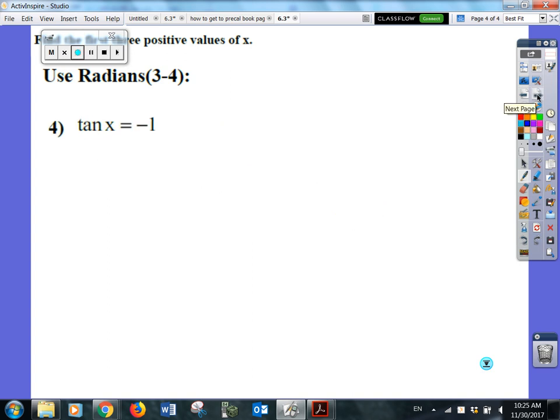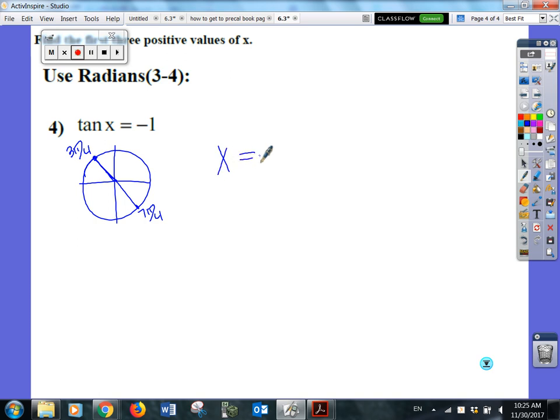All right, and then the last one, tangent of x equals -1. No period change, so that's kind of nice. So where does tangent of x equal -1? Basically that's where x and y are the same with opposite signs. Well, that's going to happen right here at 3 pi over 4 and down here at 7 pi over 4.